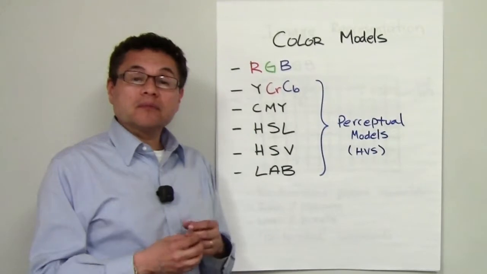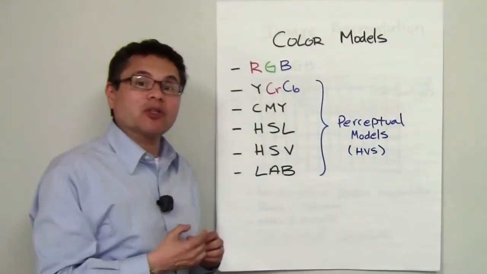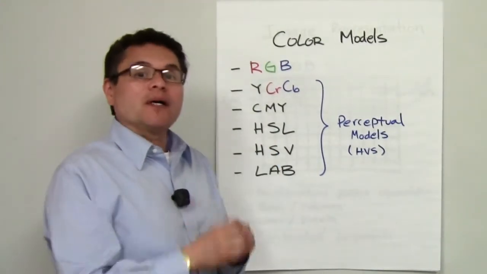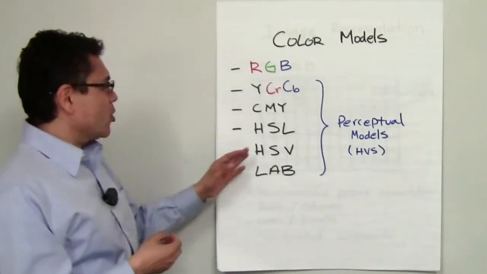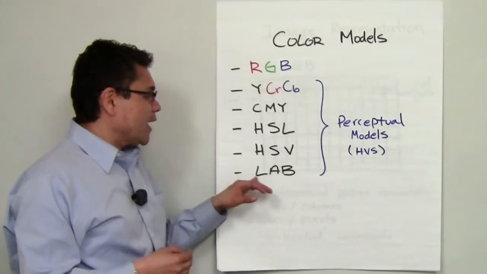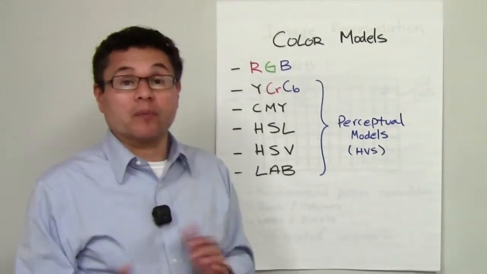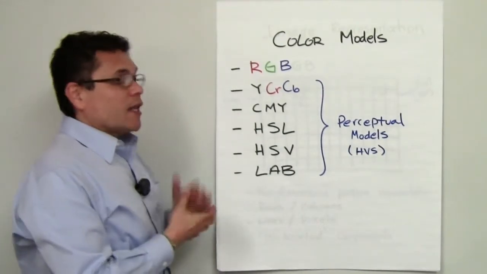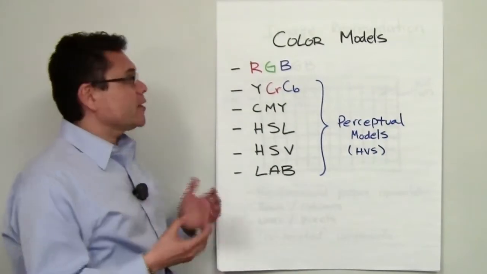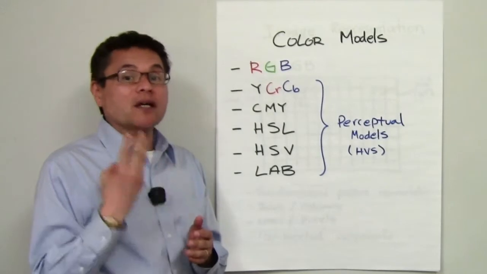HSL, hue, saturation, and lightness. Lightness being, again, similar to luminance, and hue and saturation denote colors and how intense they are. And so HSV is similarly another perceptual format, as well as LAB, L being luminance and AB are just other 2 components. This graph is not complete, but just meant to indicate the various color models that can be represented with the principle of 3 color primaries.